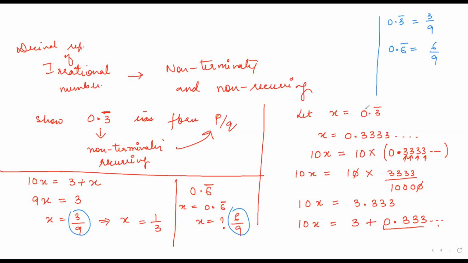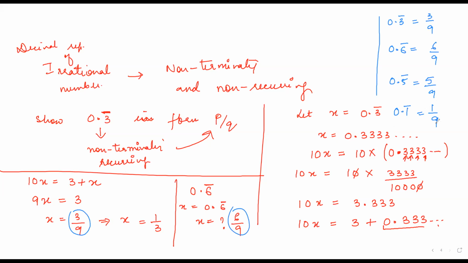Then if I find 0.5 bar, what will I get? 5 by 9. If I get 0.1 bar, I'll get 1 by 9. Is that clear? Yes, ma'am. So if you have one repeating number, 9 will come in the denominator. If you have two repeating numbers, 99 will come in the denominator.